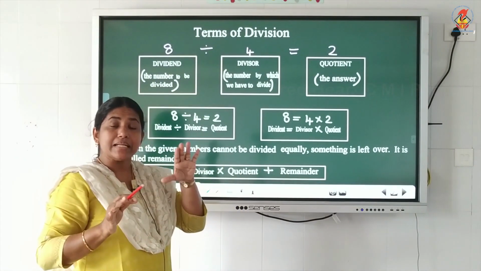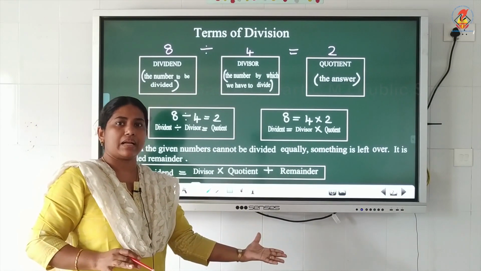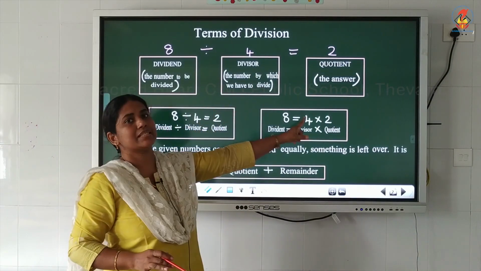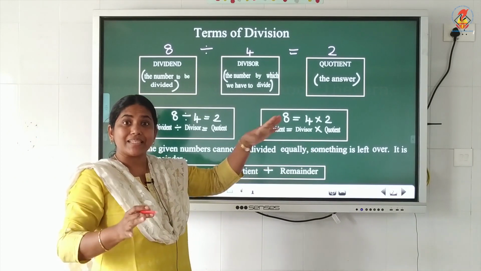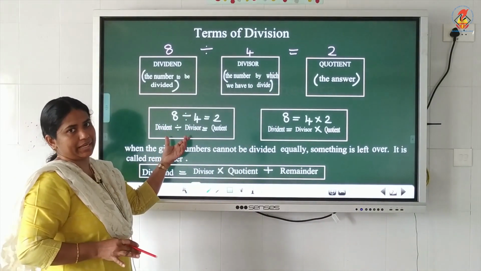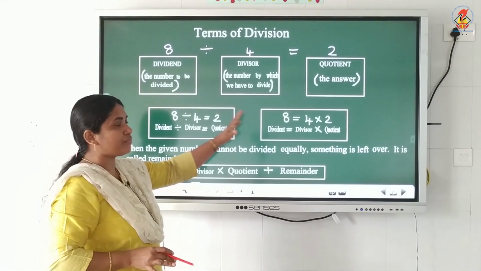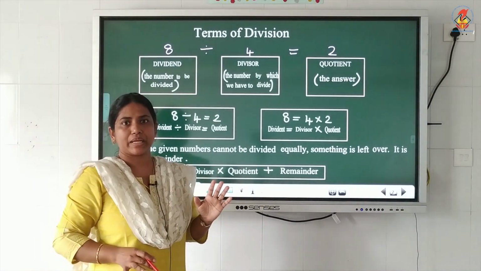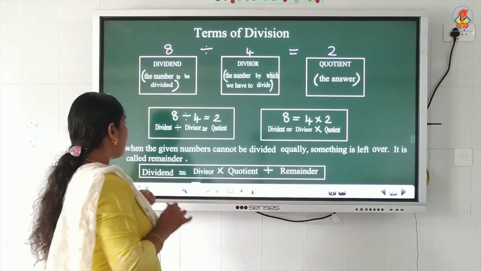Actually, this is the same thing that we studied in our last class. For the given division fact, we write its multiplication fact. So, its terms also we write over here. In terms of terms, we can write this relation like this. Okay, children. Now, one more thing.